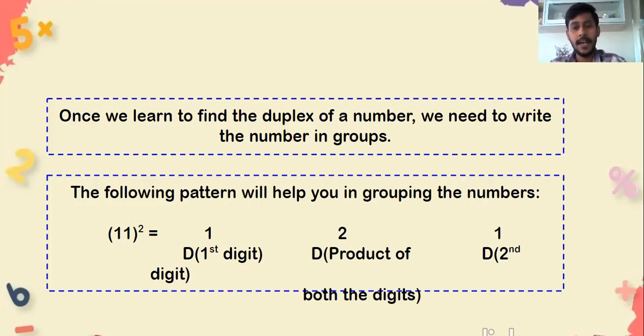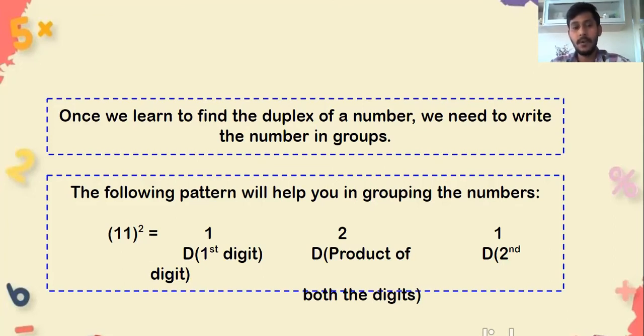Now the last digit of our answer will be the duplex of the last digit, that is b. We find it by squaring b. Here b is 1, so the square of 1 is always 1. Combining the 3 steps, the answer will be 121.